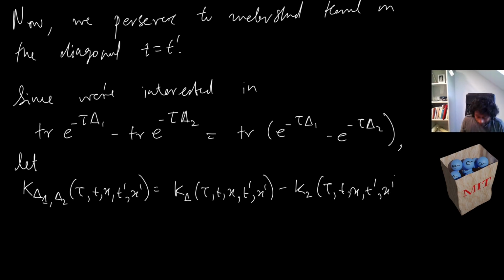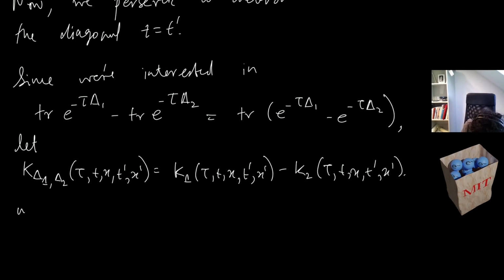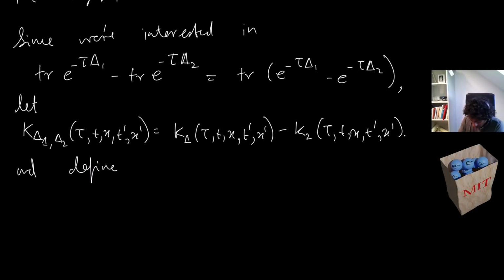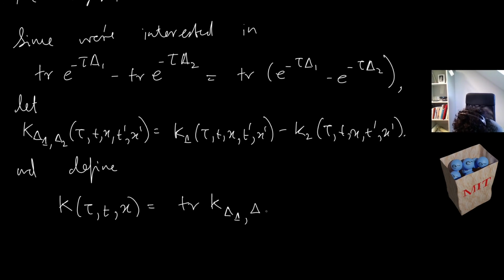Good, and now we really only consider the traces. So we let K tau t at x be equal to the trace of this on the diagonal, t x t x.